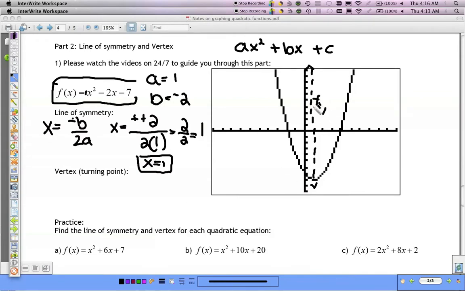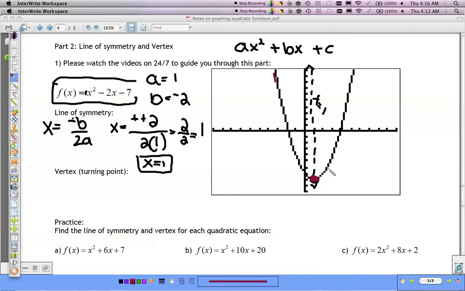The reason the line of symmetry is very important for us today for graphing is because you'll notice that the line of symmetry goes right through the bottom of the graph right here. When you watch a graph, it starts from the left and swoops down, gets all the way down to this point, which is the lowest point, and then swoops right back up.